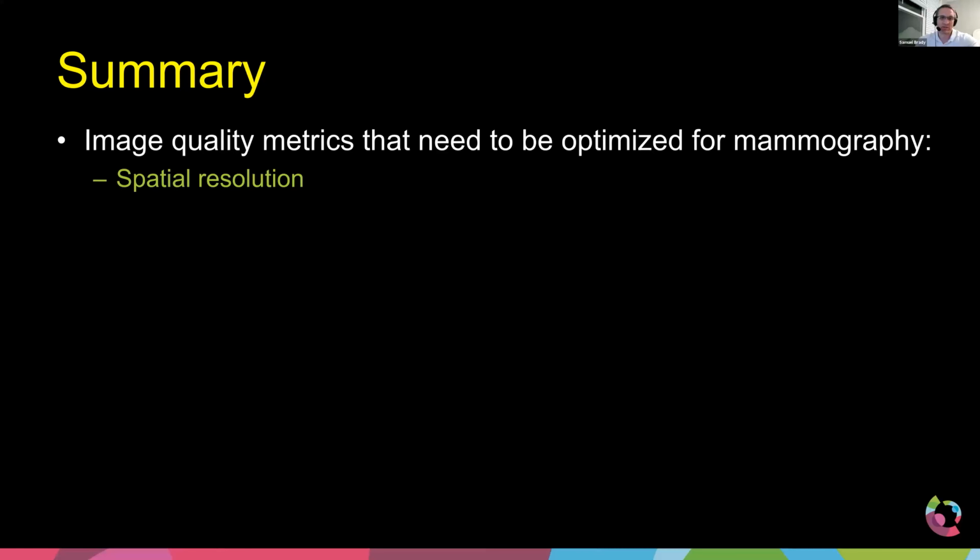So just in closing, we talked about how there are two competing image quality metrics we have to optimize in mammography: spatial resolution and CNR, and how they're competing. They're antagonistic. Spatial resolution wants low mA so you can have a small focal spot, and high kV for good penetration. And that in itself will be bad for CNR.